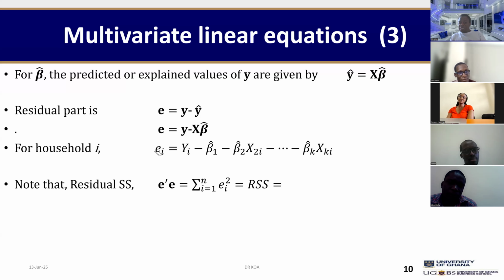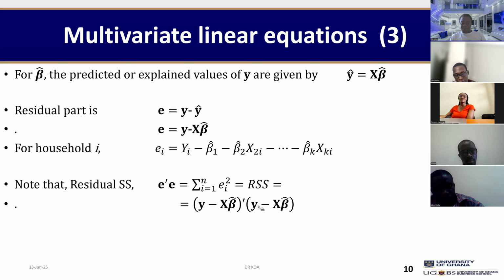And we can therefore say that the residual in a matrix form, remember in a matrix form, this would have been squared with a sum. In a residual fashion, it is just taking the prime, because when you take the prime of the error and multiply it by the error itself, you can now get back the square of the error in the non-matrix form. This is what is known as the residual sum of squares. Now watch this.